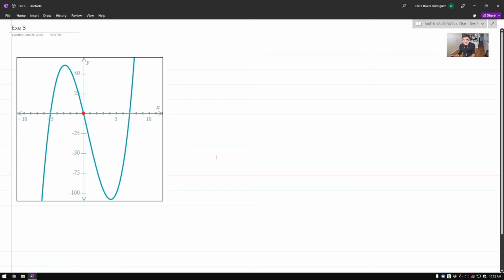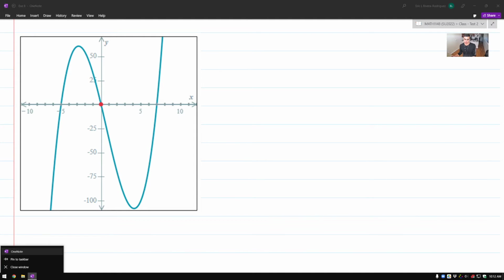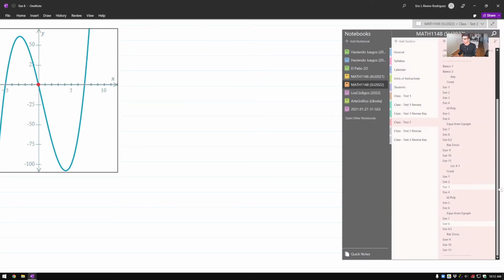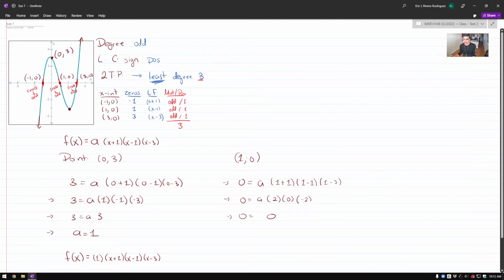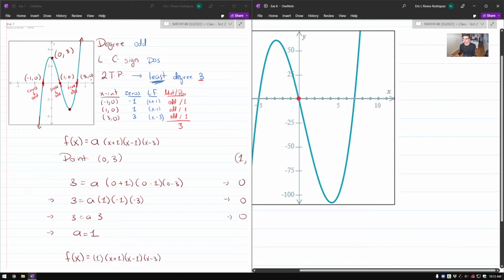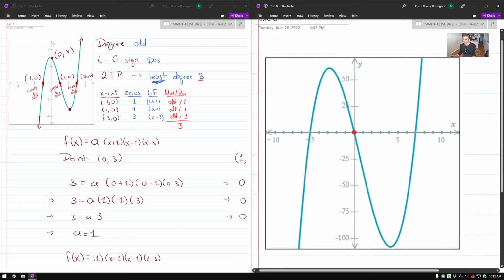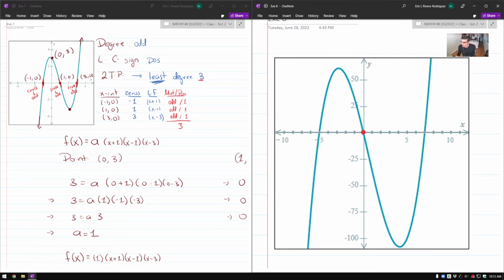Try this one. Let me put 2 notebooks so you can see the steps. You will tell me how well this looks. What I'm going to give you are these points: this point is (-5, 0).